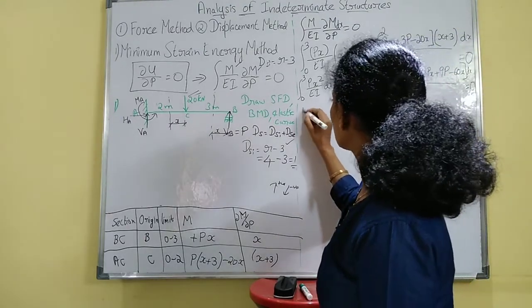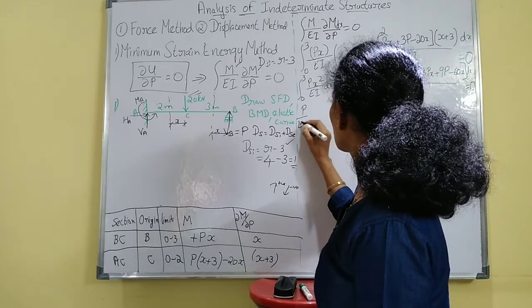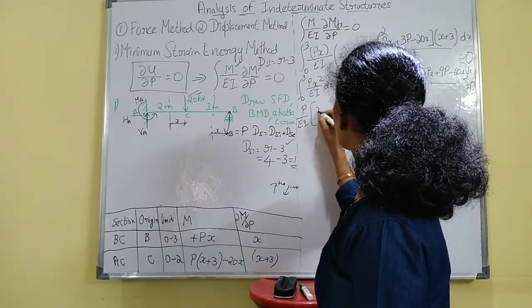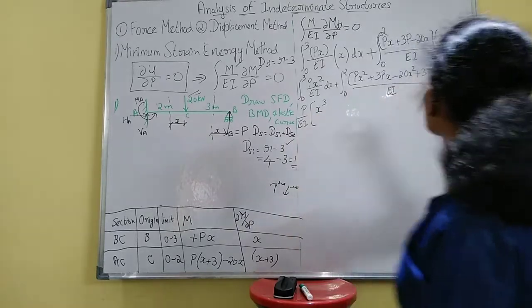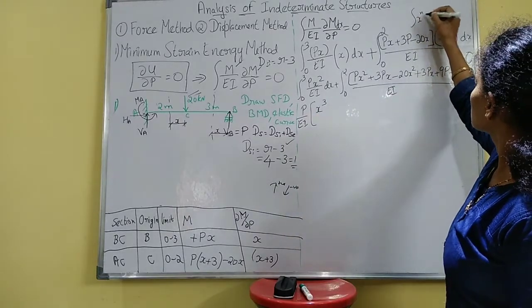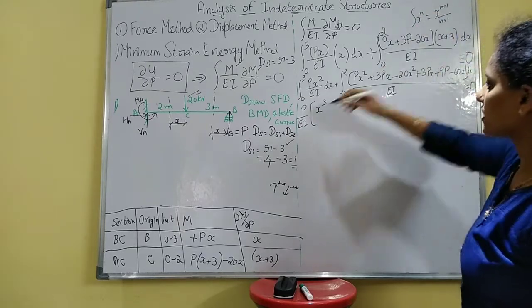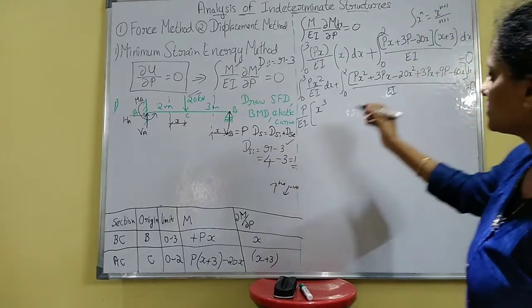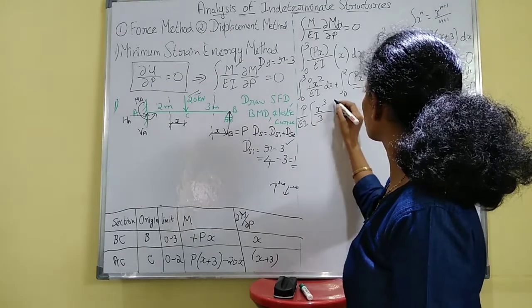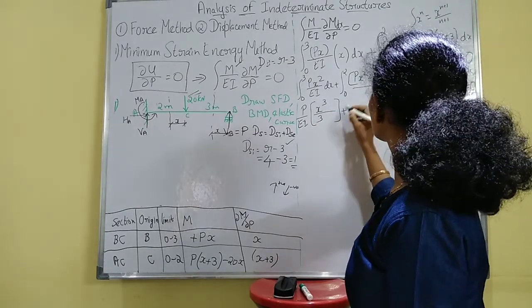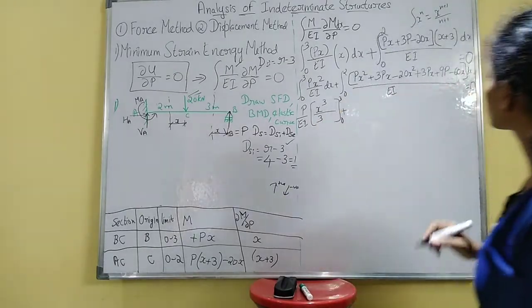So now integrate it. P by EI constant, integration of x square: x power n integration is nothing but x power n plus 1 by n plus 1. Here n is 2, so 2 plus 1 is 3, divided by 3, plus, here the limit is 0 to 3.